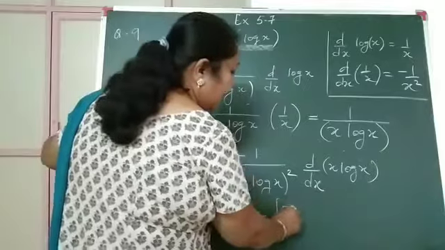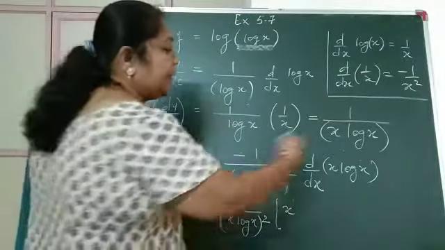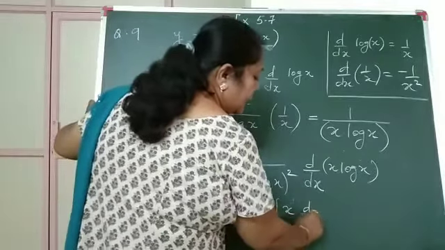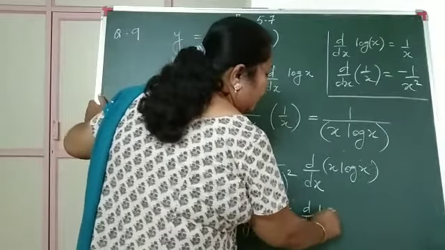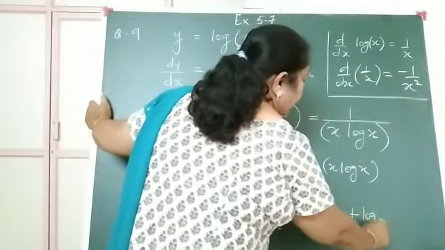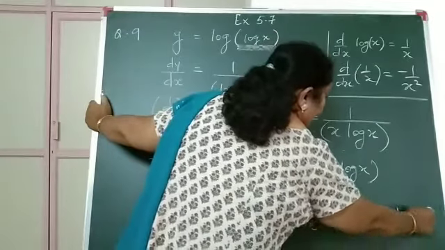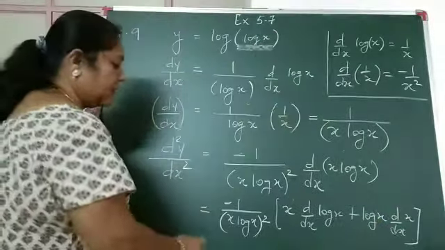So I will keep x constant. What is the product rule? The first term you keep constant and differentiate the second term, that is x into d by dx of log x, plus log x into d by dx of x.